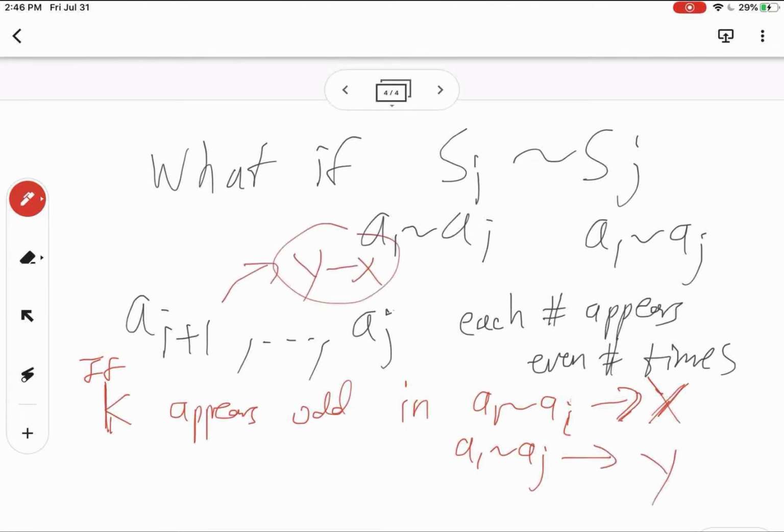And if x and y are the same parity, then y minus x would be even, right? So that means that k appears an even number of times between A sub I plus 1 through A sub J. And so here we used this partial sum version of pigeonhole in a more abstract way, right?